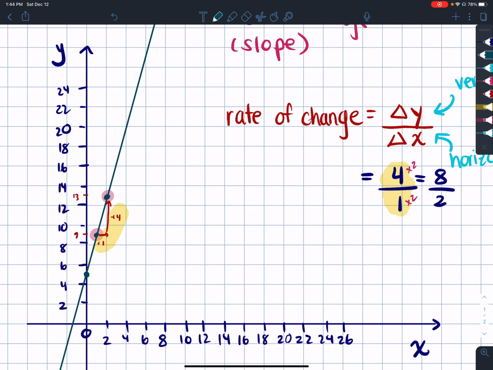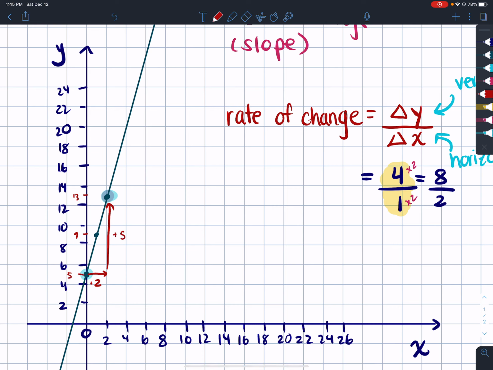So if instead I decided to look at this point compared to this point, well, now I've gone across by 2. And I'm just going to take these away so we can look at that. And I've gone up from 5 to 13.